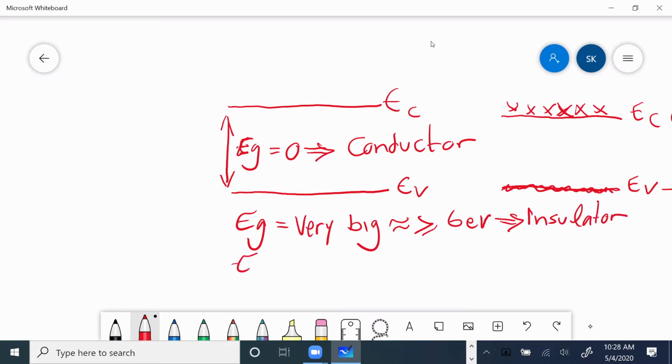If this EG is anywhere between 0.25 electron volt all the way to 2.5 electron volts, this material is called a semiconductor.